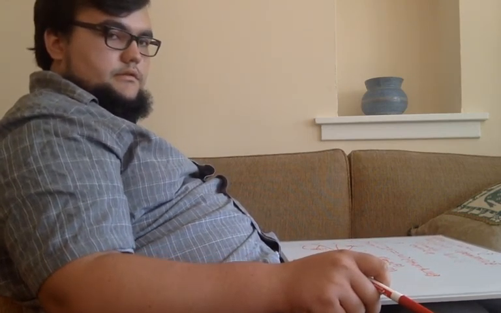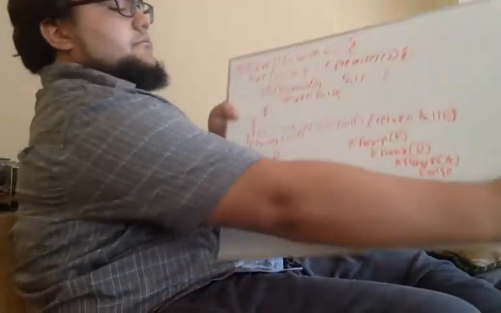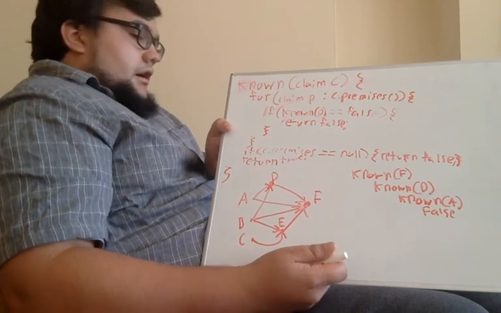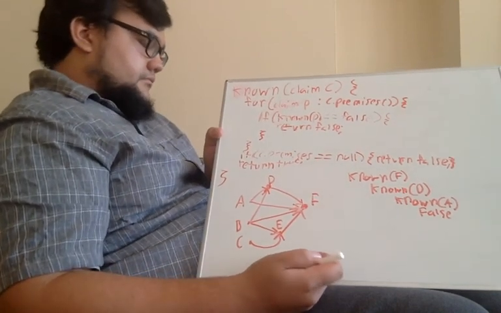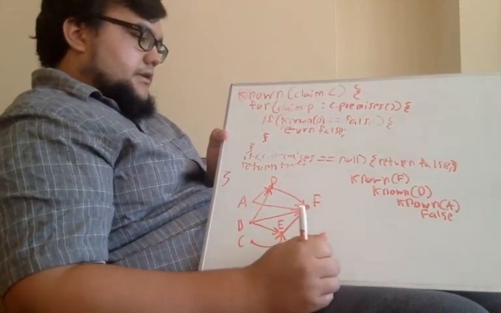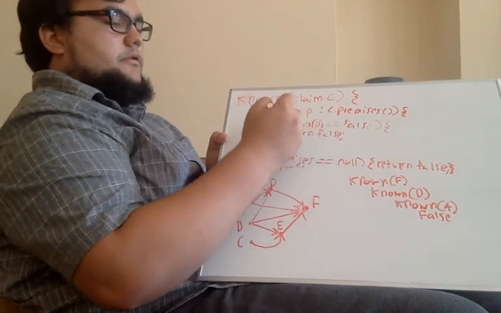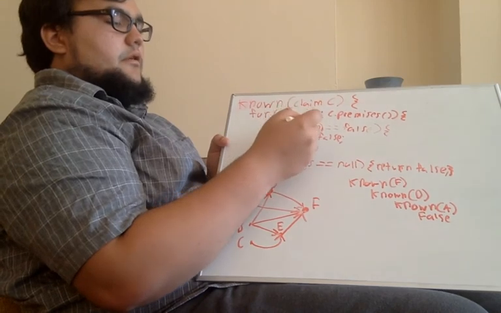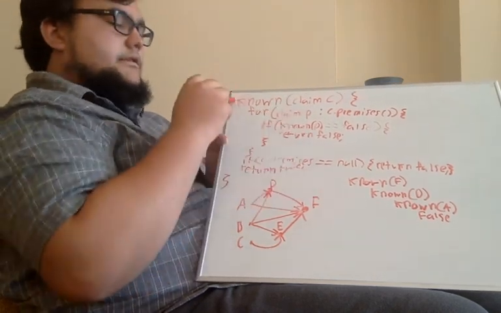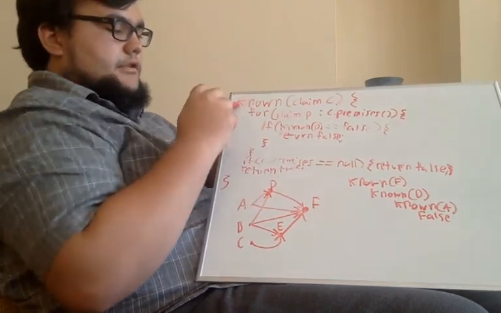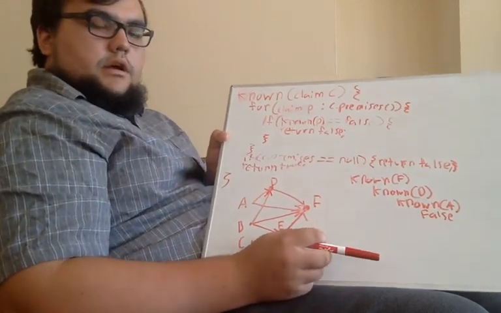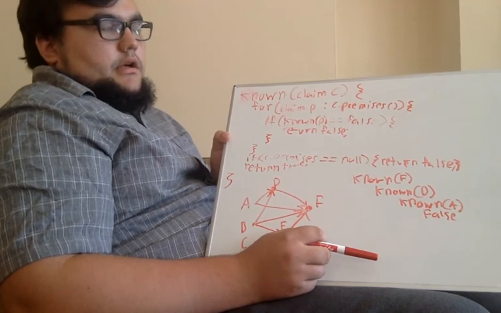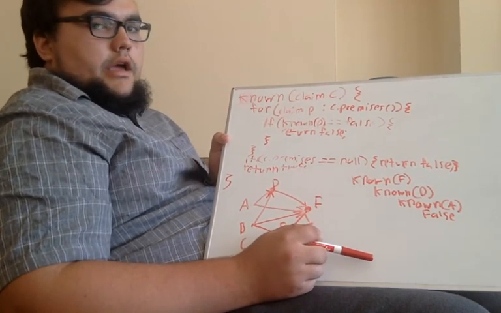In this particular belief system. The whole thing where you call known of within itself makes this a recursive function, or a recursive algorithm.